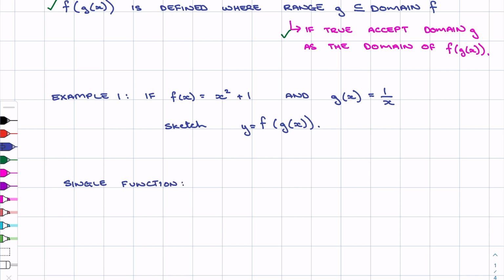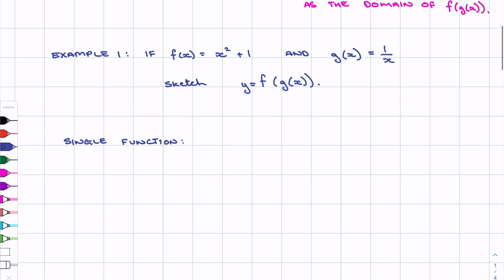So a single function for this is going to be y equals f(g(x)). We're going to substitute g(x) into f(x). So I've got (1 on x) all squared plus 1. And this can be written as 1 on x squared plus 1.